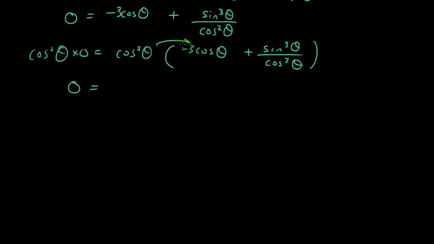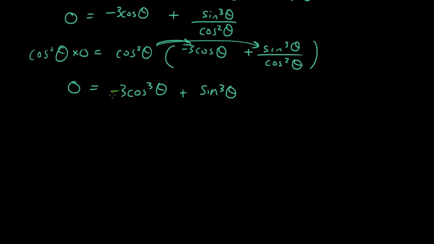On the right hand side, if we multiply this out, we get negative 3 cos cubed theta plus sine cubed theta, because cos squared theta cancels down to 1 with the cos squared theta on the bottom. So therefore I have sine cubed theta on the top.